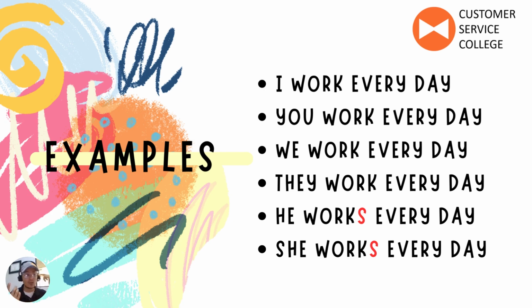So technically there's only one conjugation for he, she, and it. For example, he works every day, she works every day, or if I'm talking about a TV, it works. And of course, those exceptions. But if you think about it, conjugating verbs in simple present is not that complicated, right?